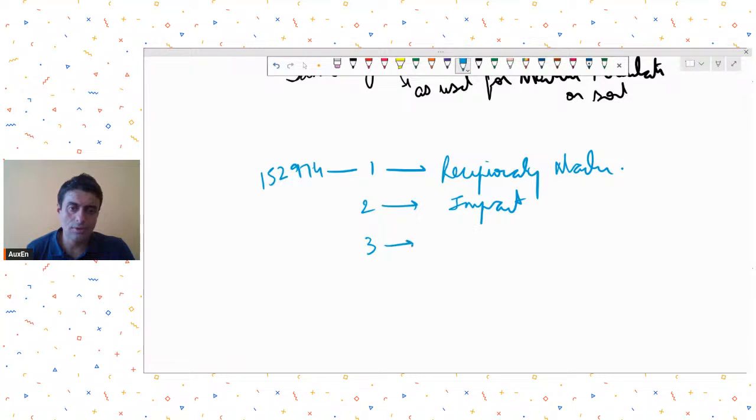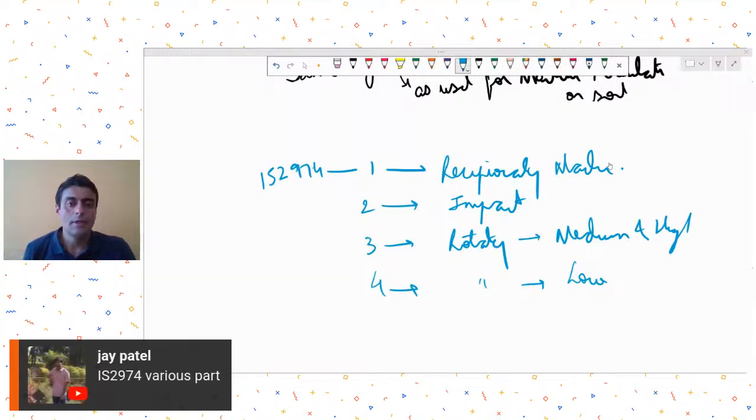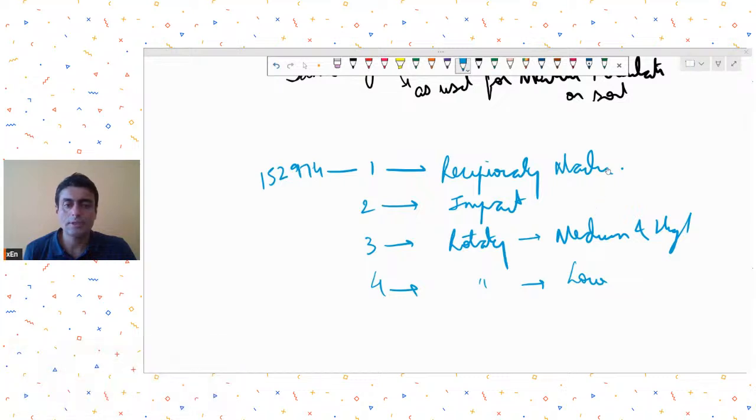Part three is for rotating machines, medium and high frequency. And part four is for rotating machines with low frequency. So I guess up to 1500 RPM it is covered. Mr. Jay Patel is saying, yeah, IS 2974 various parts. So up to 1500 RPM, it is covered in part 4 of 2974.